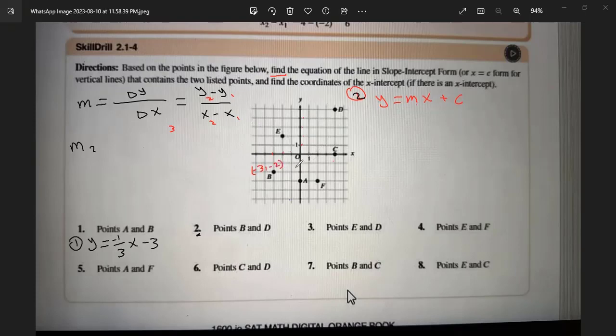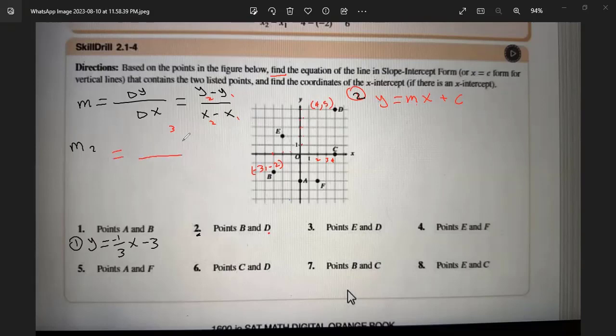Also, we have point D, its location: D is 1, 2, 3, 4 for x, and 1, 2, 3, 4, 5 for y. So we have 2 points now.